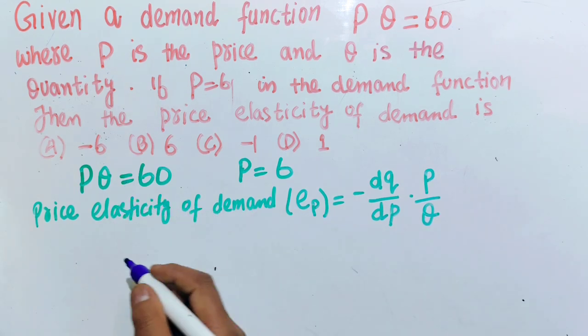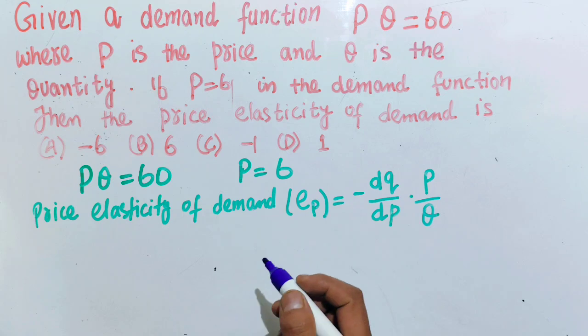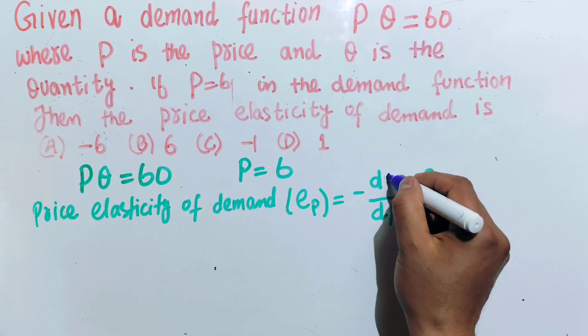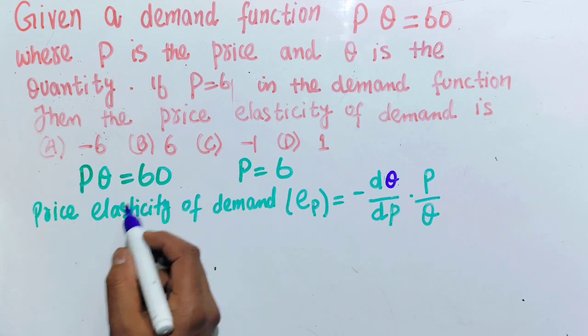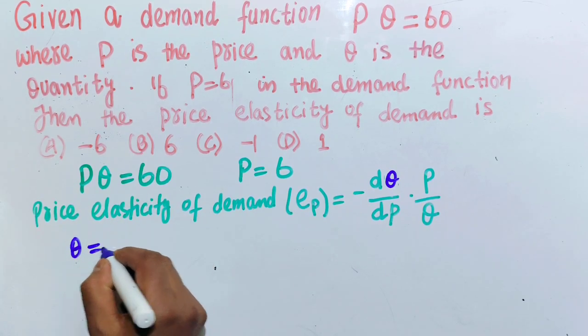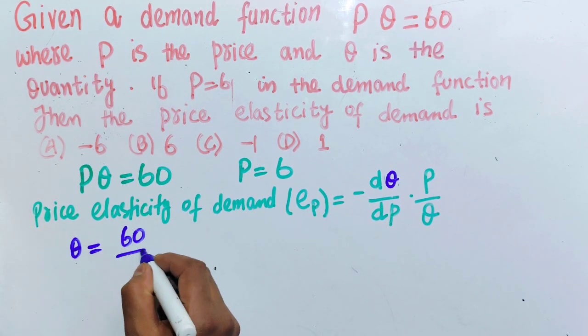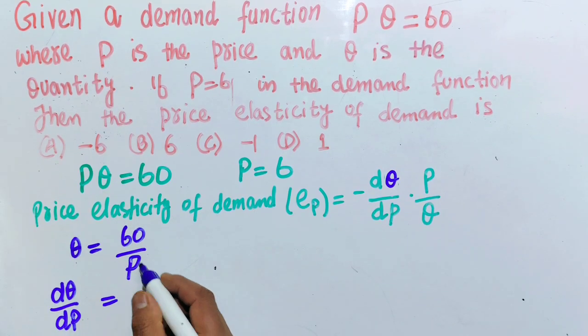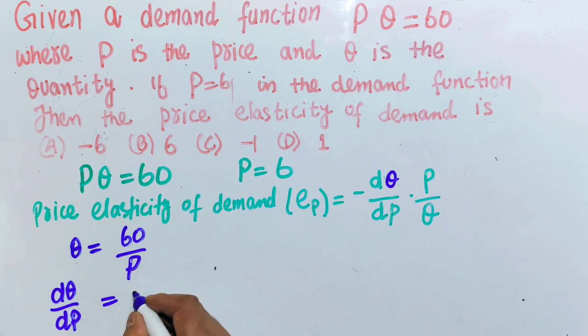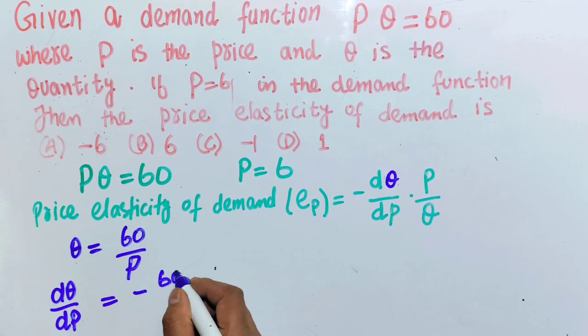Now given this demand function P into Q, let us write it in this fashion, Q capital. Let us solve this equation for Q. That means Q will be equal to 60 upon P. Differentiated with respect to P, that is the change in the quantity demanded due to the change in the price, take its derivative with respect to P, it becomes minus 60 upon P square.